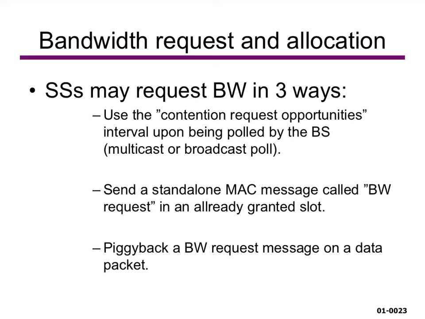It's like you say, by the way, I'm sending data, but if you could just increase my bandwidth by one time slot in the next period, or you can reduce my bandwidth by one time slot in the next period. So I can provide one field, whether it's up or down. It's an incremental request. As opposed to here, where I can provide a full request from scratch to change all my demands.